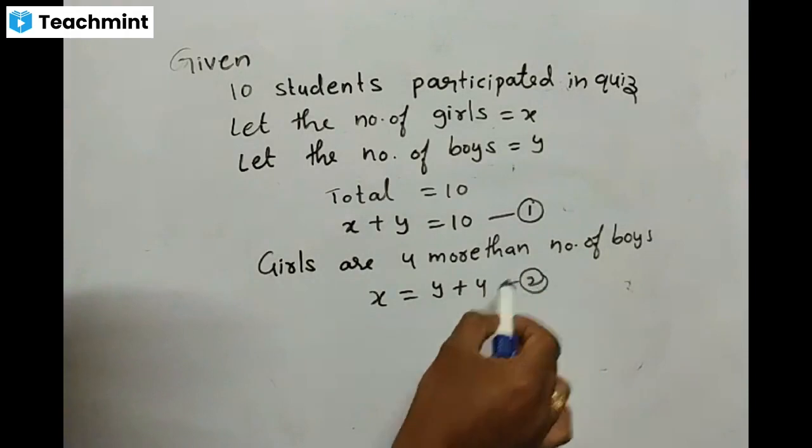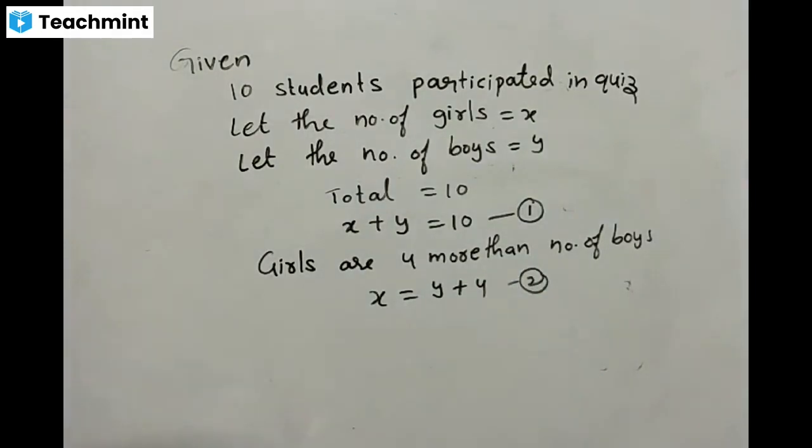Again, how can we? Girls, how many are there? 4 more than the number of boys. Y means boys only, na? Yes, sir. 4 plus y also you can write, or y plus 4 also you can write.